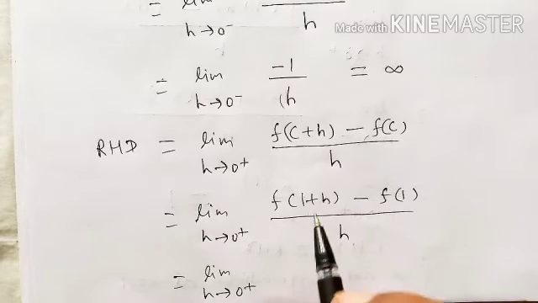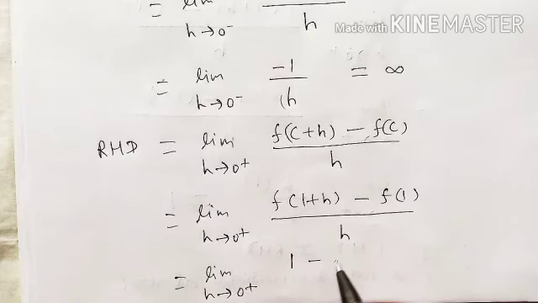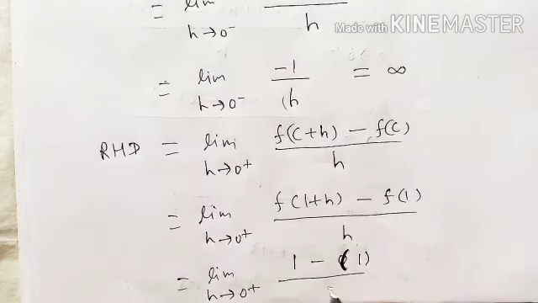So 1 + h is more than 1, and for that the greatest integer will be 1. f(1) is 1. Greatest integer of 1 is 1, by h.